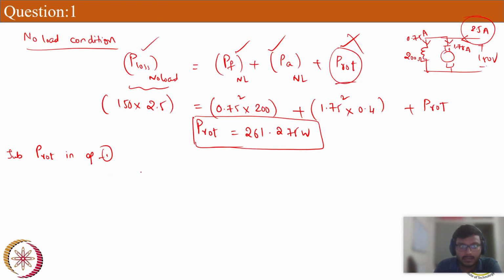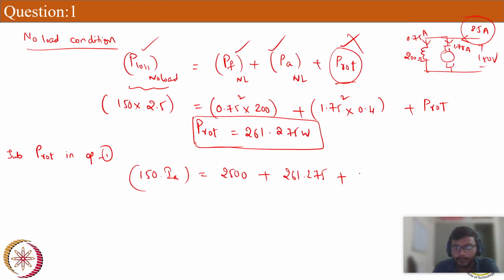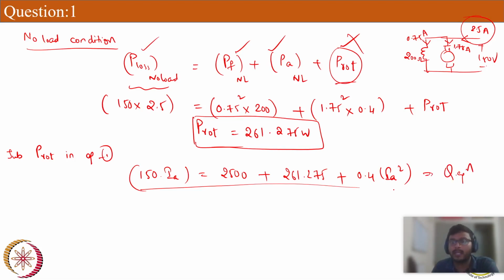V into IA, V is 150, so 150 into IA is equal to P net mechanical, which is the 2.5 kilowatt motor, plus P rotational, which is 261.275, plus IA square RA. IA square we don't know, RA is 0.4, so 0.4 into IA square. Now this is a quadratic equation in IA. Now please solve for IA and tell me what's the possible value for IA.